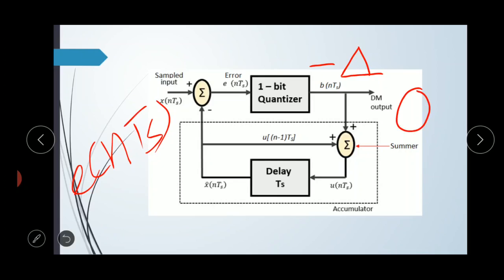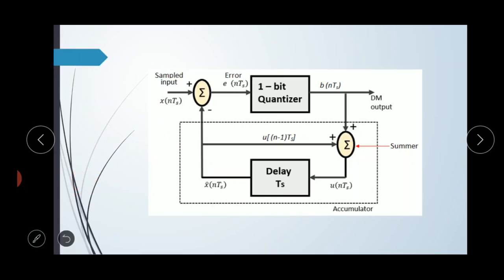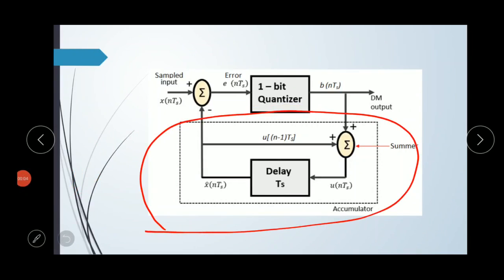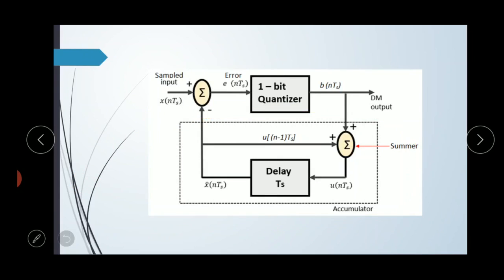Okay, so let's discuss about this lower part. So this one is the accumulator. In accumulator there is a summer present. The summer in the accumulator adds quantizer output with the previous sample approximation.